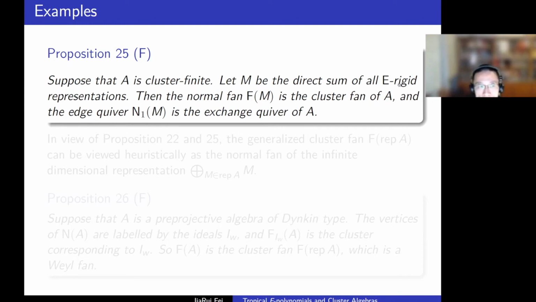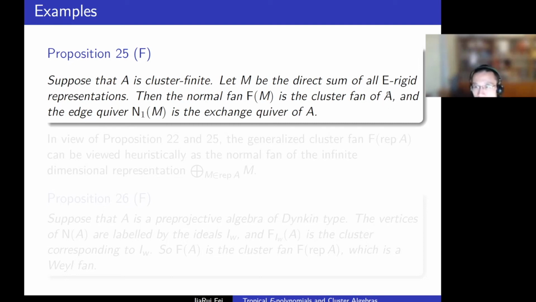Then we take all E-rigid representations and take the direct sum. Then I take the Newton polytope of this direct sum. The claim is that the normal fan of the Newton polytope is the usual cluster fan of the algebra.